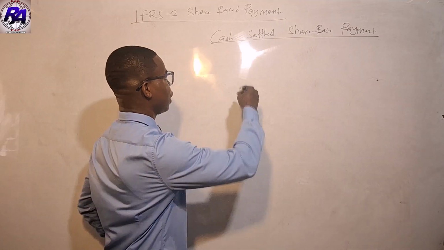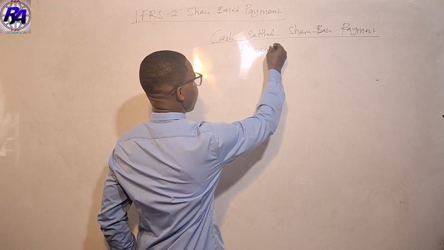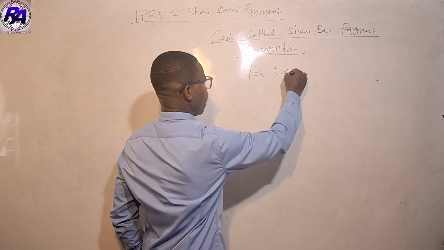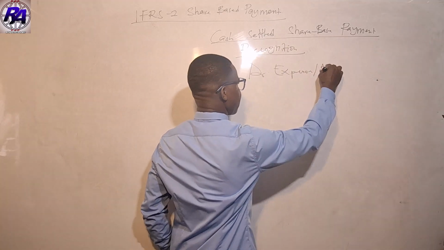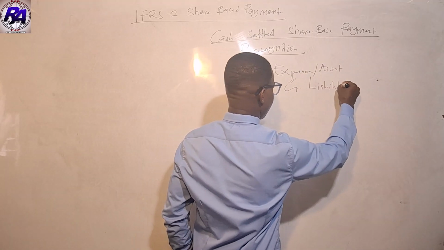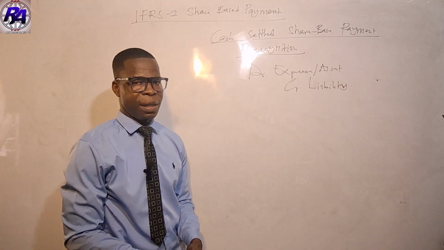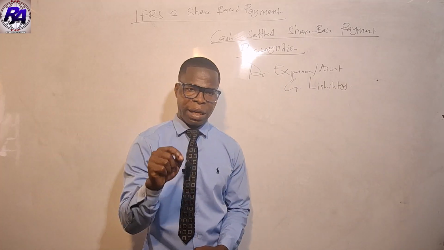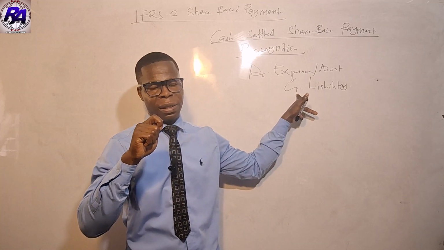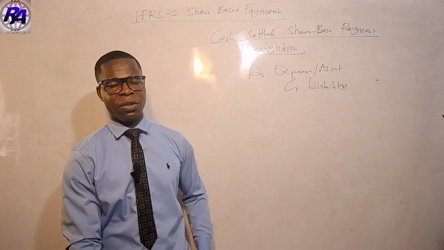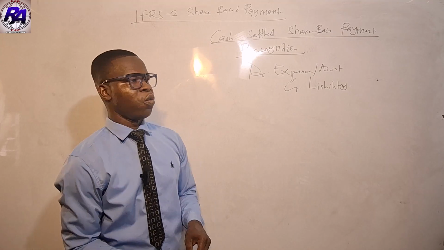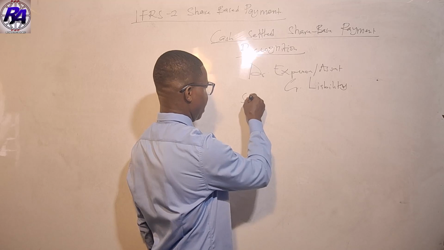So when it comes to recognition under the cash-settled, we are basically debiting expenses or an asset, and then we are going to credit liability. So here, there is nothing like equity. Under the cash-settled share-based payment transaction, we either debit expenses and credit liability. A typical practical example of the cash-settled share-based payment transaction has to do with share appreciation rights.